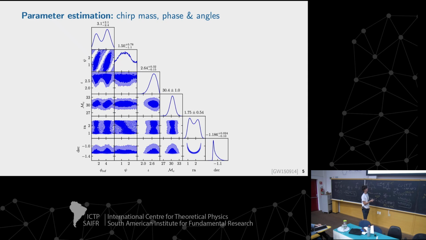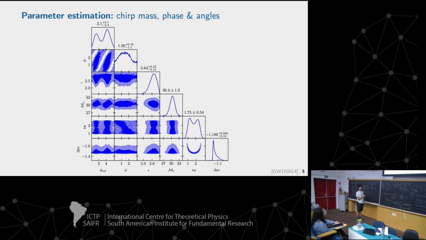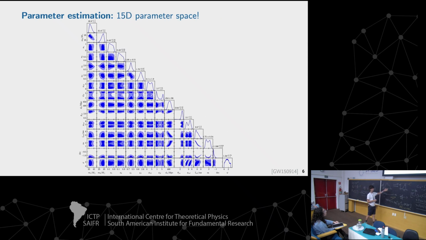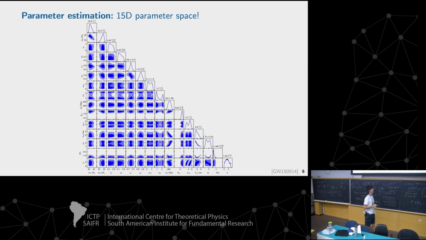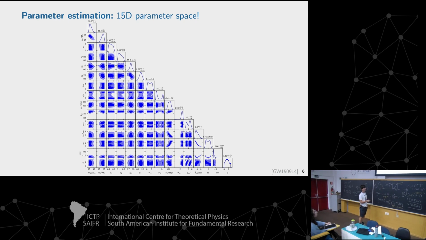In particular, the sky position, the right ascension and the declination are degenerate with each other. You can also have the phases degenerate. But in general, what one has for every event is something like this, where you have these 15 parameters that describe your signal, and you see that many of them are correlated, some which are important for us.